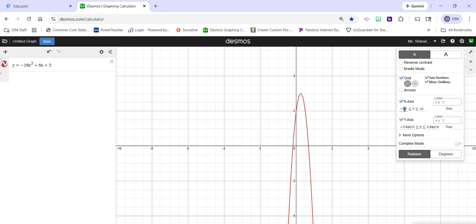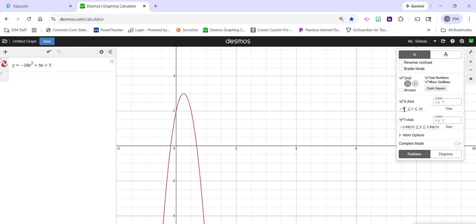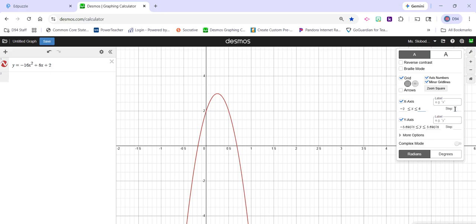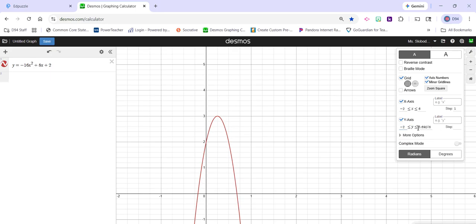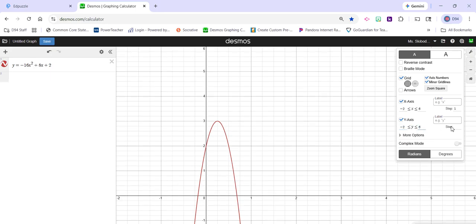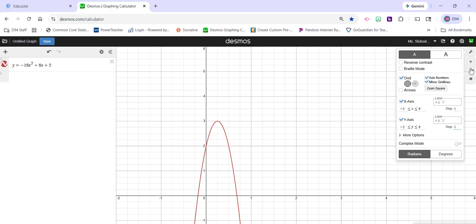Just to make sure I'm staying at 0, maybe I want to make it a negative 2. And I can make that a little bit shorter, maybe to 6, counting by ones. That was for my times, I'm sorry. For my heights, the outputs, again, if I'm talking about heights, I shouldn't have negative numbers, but to see what's happening at 0, maybe go negative 2. And again, we can go up to 6, counting by ones.